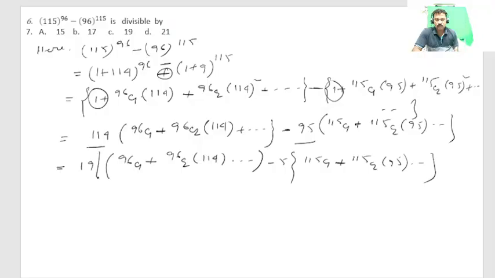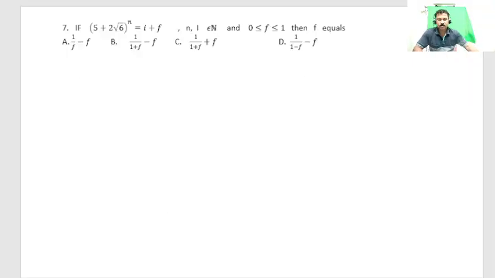Okay, bracket here. So this is clearly divisible by 19. So the expansion is divisible by 19. This is the answer. So the option C is the correct answer here.